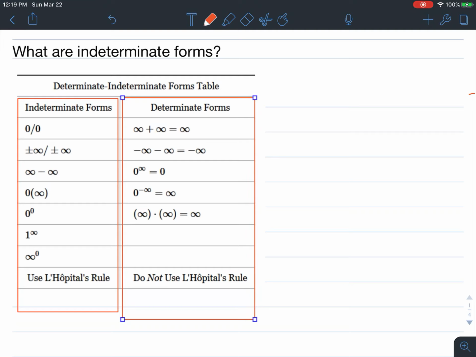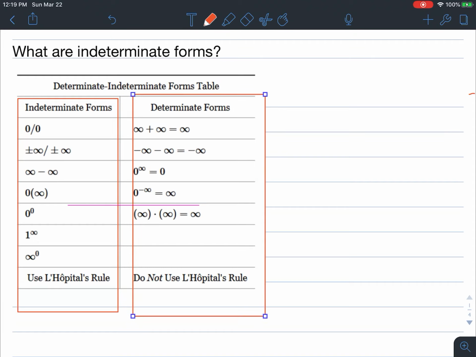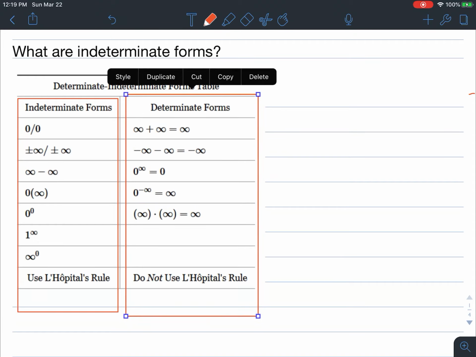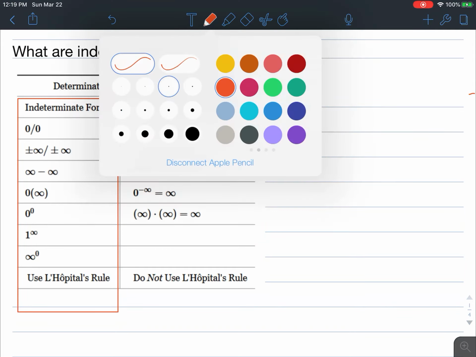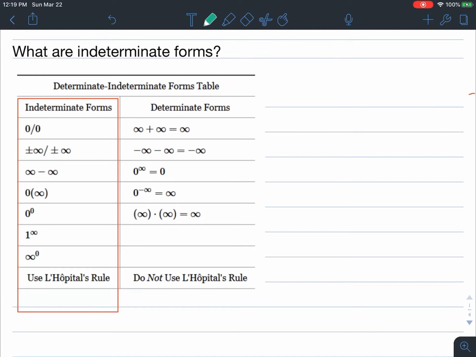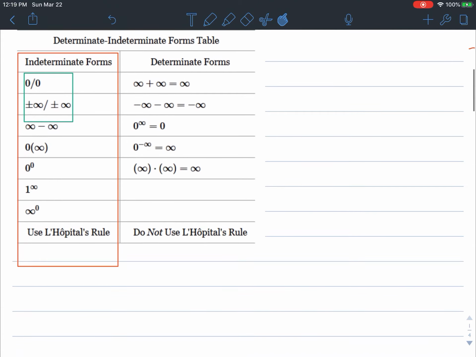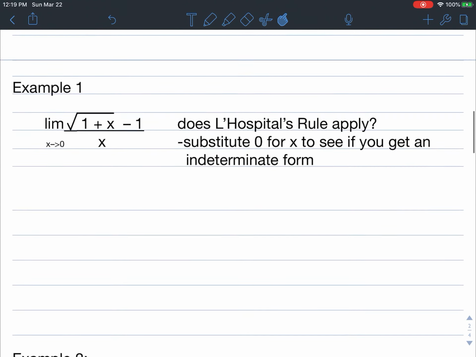However, I do like this little list to give you some reminders that infinity plus infinity is still infinity and so forth. The only indeterminate forms we're going to worry about are these two. These are the only two that are on the AP exam. None of these other ones are on the AP exam, so we don't need to worry about the rest of those. So let's have some examples.